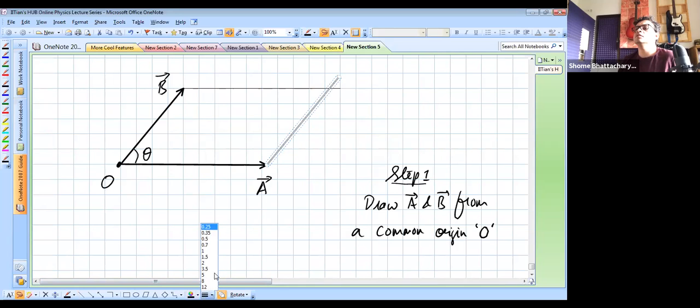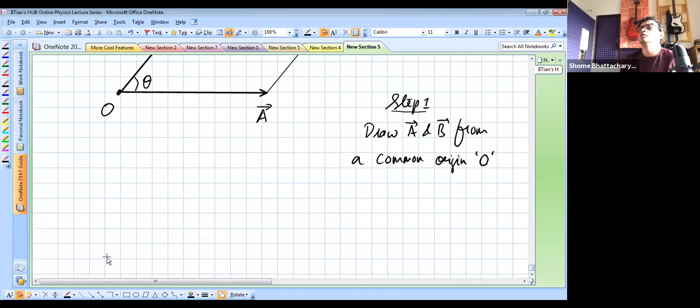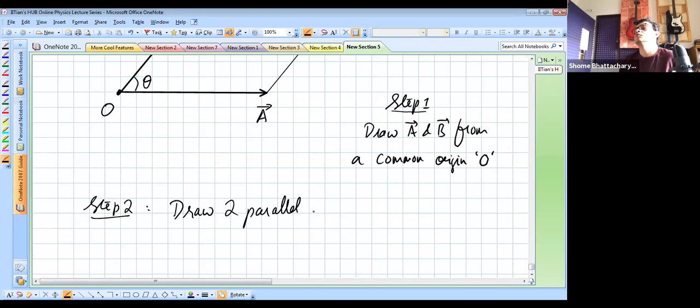So that's our step two: draw two parallel sides to complete the vector parallelogram.